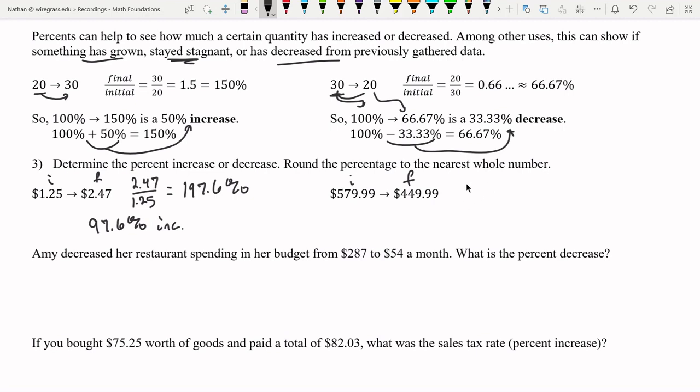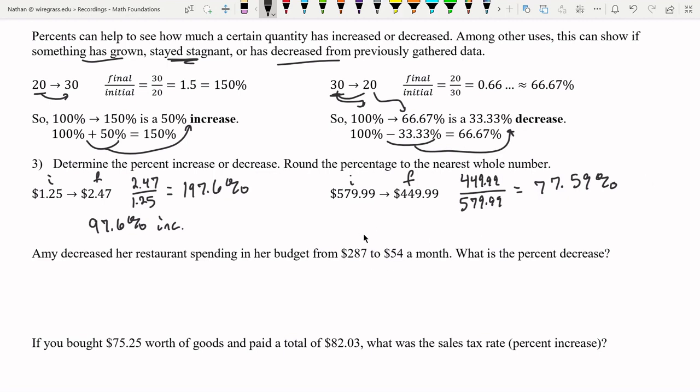So this is going to be final divided by initial, which gives us 0.7, or I'm going to write this as a percentage. It'd be 77 point, rounded to two places, 59%.